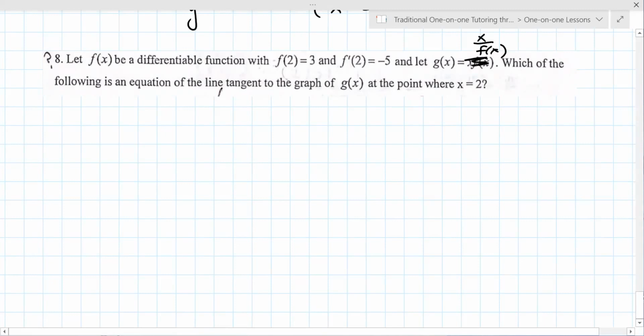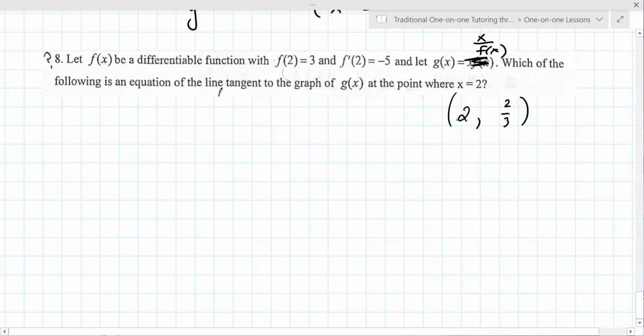And then you have to take the derivative of this using quotient rule. So g of 2 equals 2 over 3. 2/3, is that right? Yes. So the point is 2 comma 2/3.